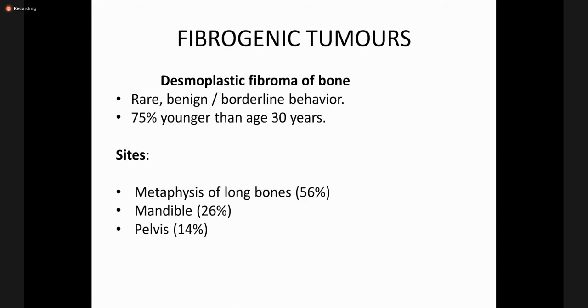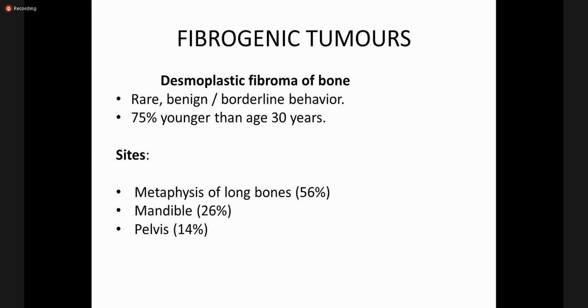Another tumor of the bone is the fibrogenic tumors. In this group of fibrogenic tumors, we discuss the desmoplastic fibroma of bone, which is a rare benign or borderline tumor. It may behave in a benign fashion, it may behave in a borderline fashion. 75% of the tumors occur in the younger age group, less than 30 years.